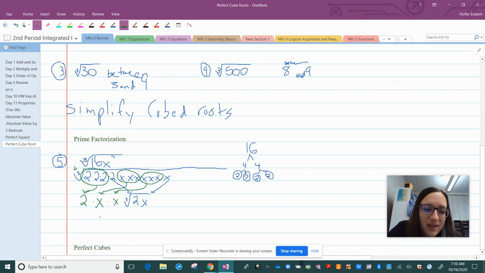So we have 2 times x times x, which would be written as 2x squared on the outside. And then our cube root of 2 times x would just be written as our cube root of 2x. And we've simplified our perfect cube using kind of like pairs. Our prime factorization is technically what we used.